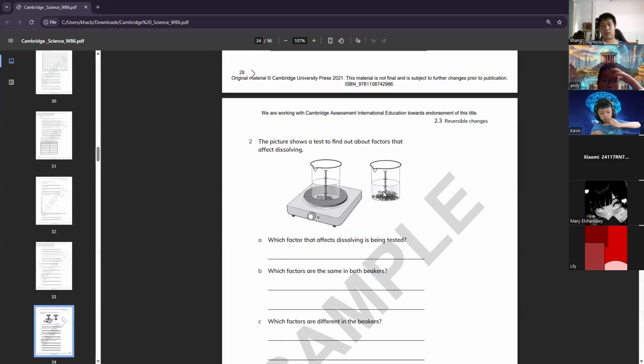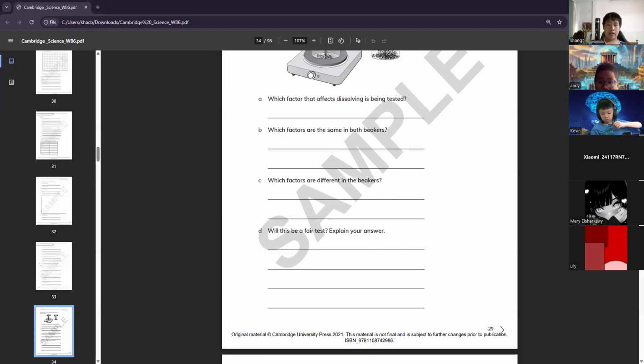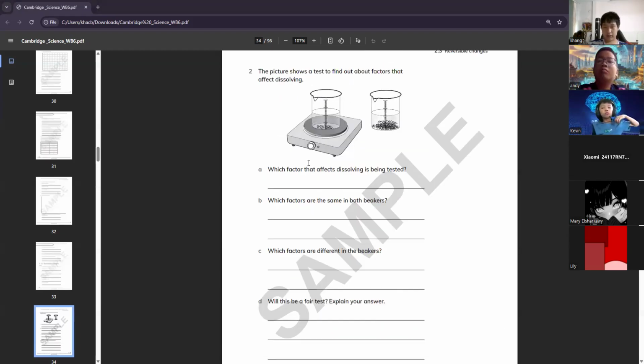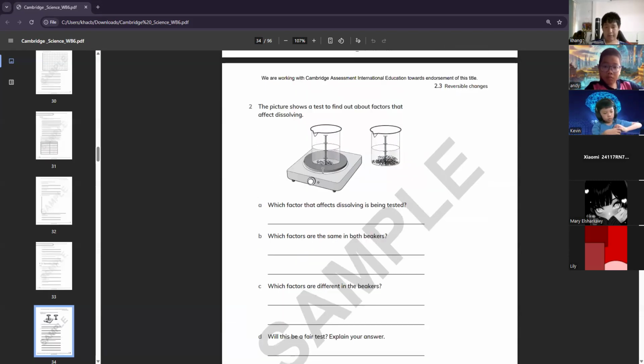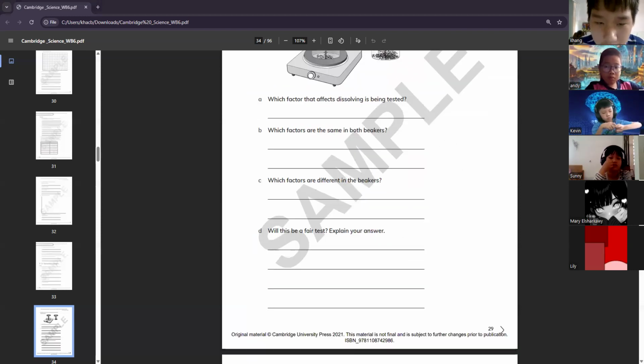Second of all is the type of beaker, and third of all is the type of solute you're using and the amount of solute. Now, the only factor that's different here is clearly the temperature. Now this is a fair test if this showed the results. Since if it doesn't show the results, it would be a bit unfair. All right. So yeah.